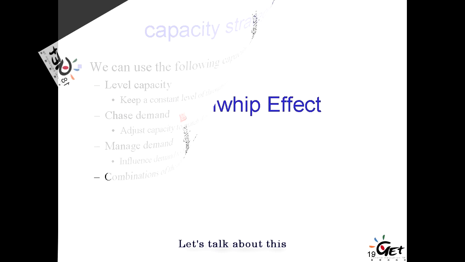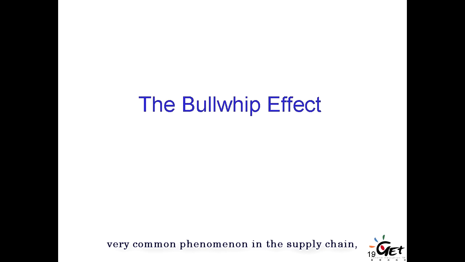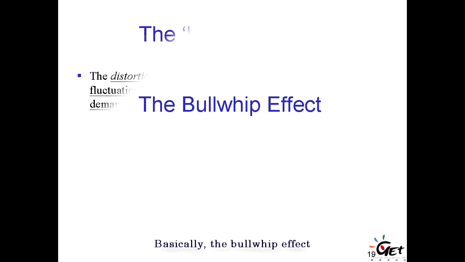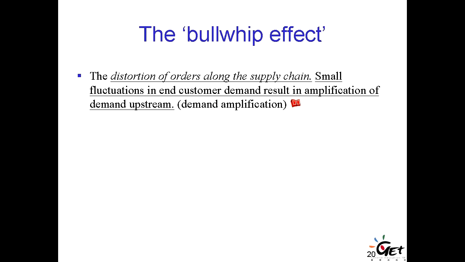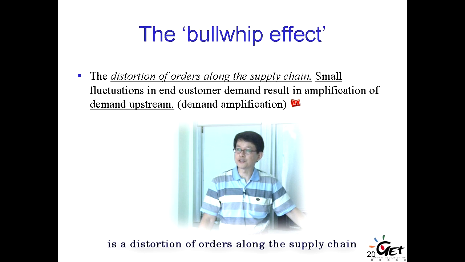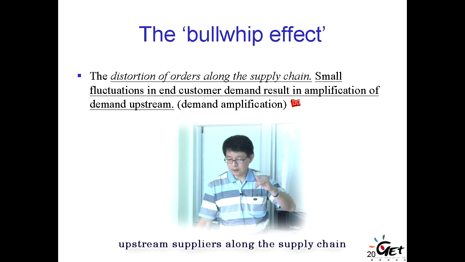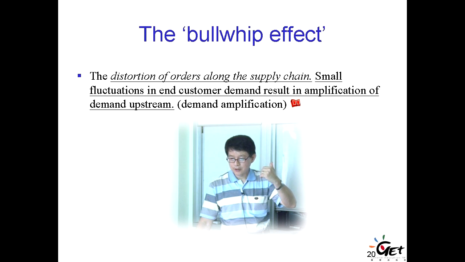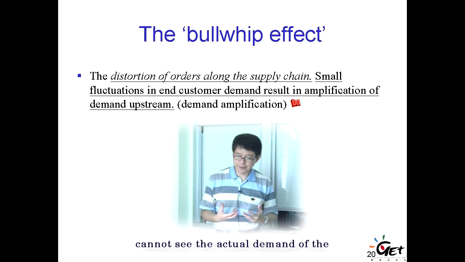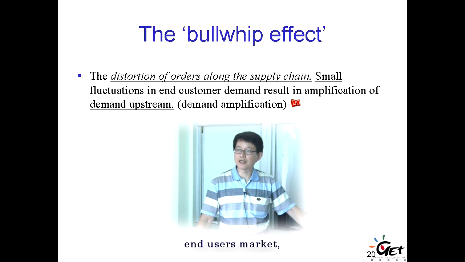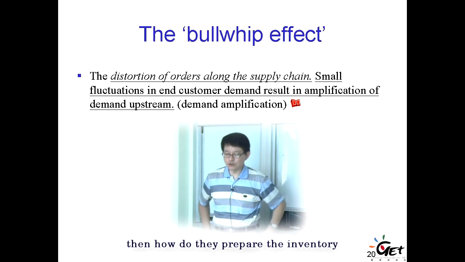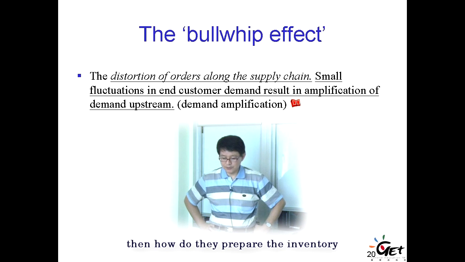Okay. Let's talk about this very common phenomenon in the supply chain. We call this the bullwhip effect. Basically, the bullwhip effect is a distortion of orders along the supply chain, especially when the upstream suppliers along the supply chain cannot see the actual demand of the end user markets. Then how do they prepare the inventory?